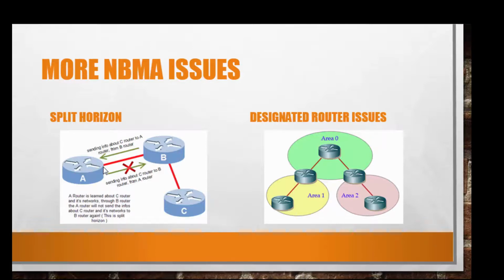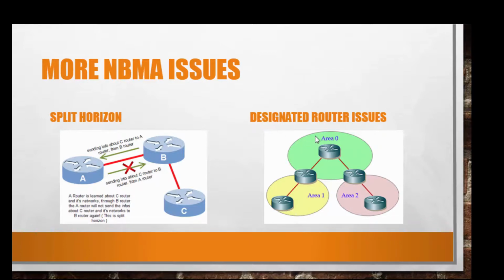And the other thing that we're going to find is designated router issues. As you remember, when you studied CCNA, OSPF had a designated router. The designated router is the router that connects with all the other network segments to form adjacencies over here.